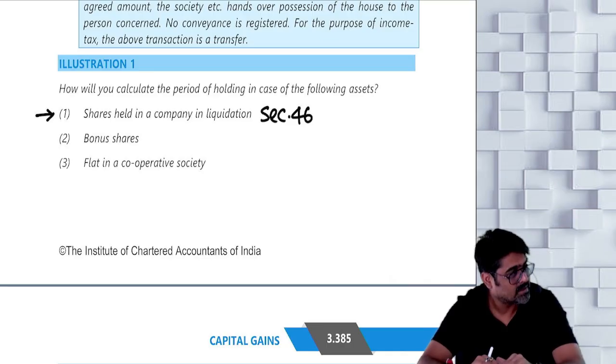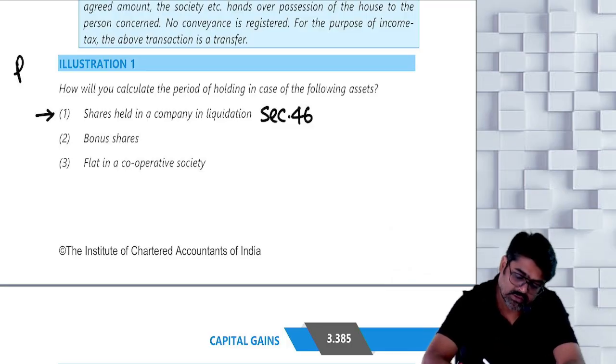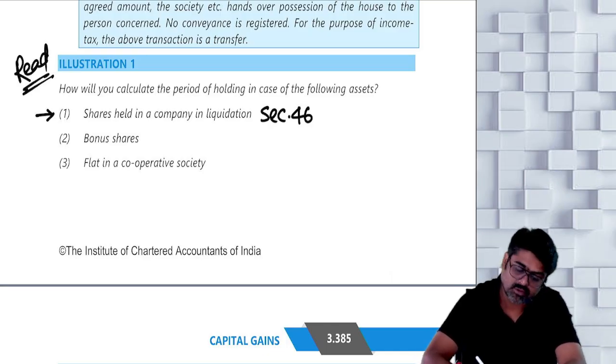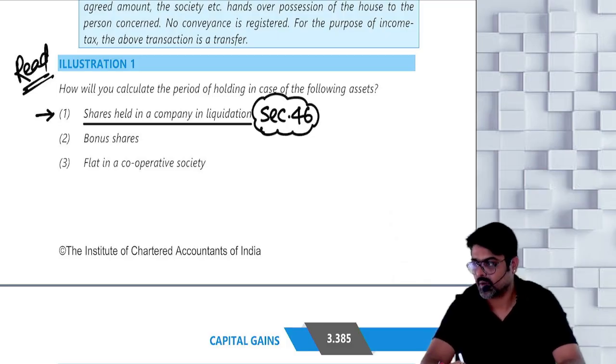From that date, you become the owner of that flat till the date of transfer. Understanding or not? So you read this question once at home. Only reading is required. And this first part you will come to know after we discuss section number 46.